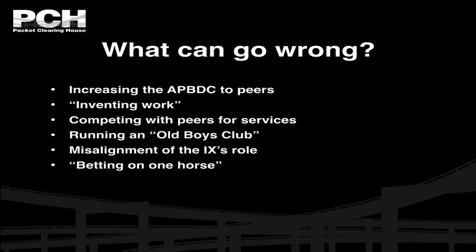The other stuff I'm speaking about, the training, the best practices, those are things you can do as part of building the community because you need the community to peer. But never confuse that with the exchange's role, which is to help us move packets, and move packets cheaply and effectively.